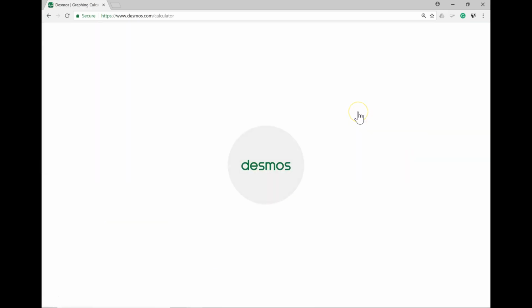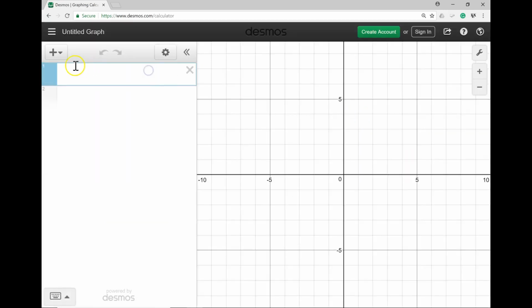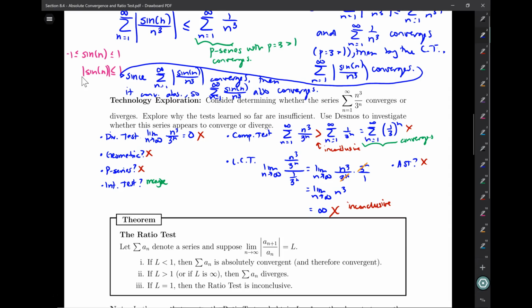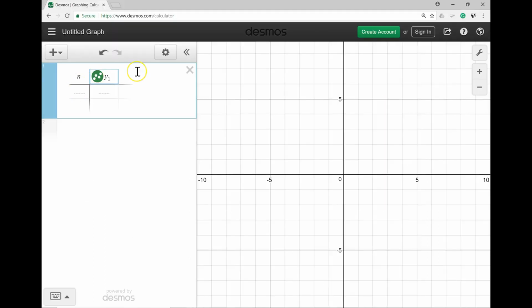Start graphing. Remember there are a few different ways we can do this. We can do a slider or we can do a table. I personally like the table because I feel like I can get a bigger picture of what's happening overall. We want to look at the nth partial sum of this series, starting at 1 and going to n. Let's look at the terms themselves, n cubed divided by 3 to the n, so we can see what happens to the terms of the sequence.